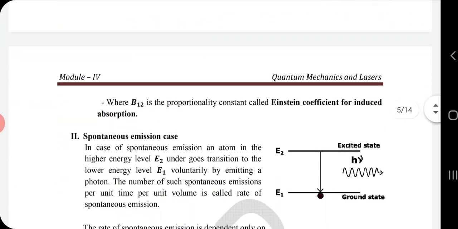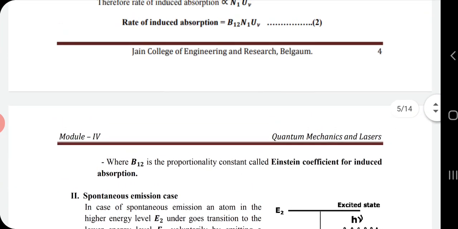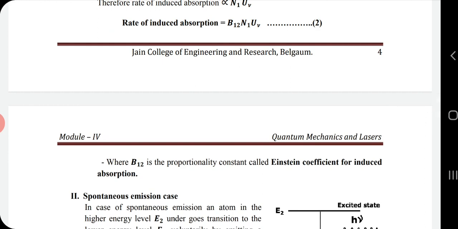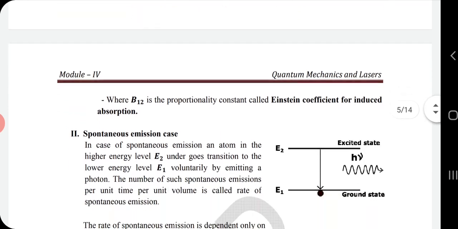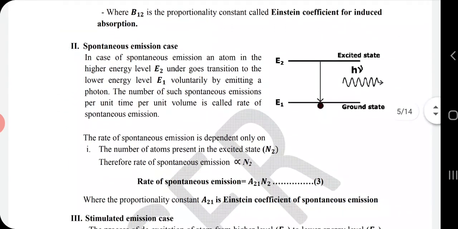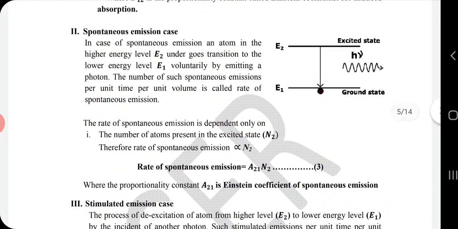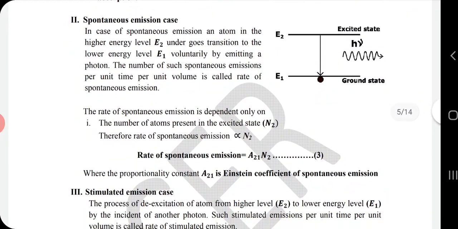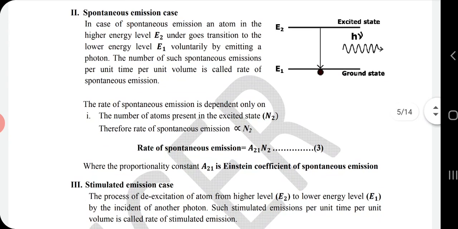Similarly, in this case b12 is the proportionality constant, called Einstein's coefficient for induced absorption. The second one we have seen is the spontaneous emission case. In this case the spontaneous emission depends only on the number of atoms present in the excited state.